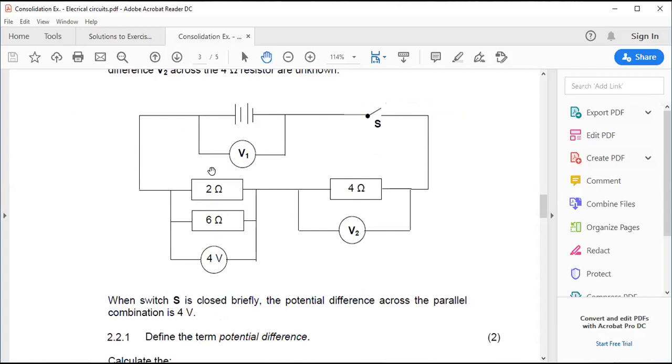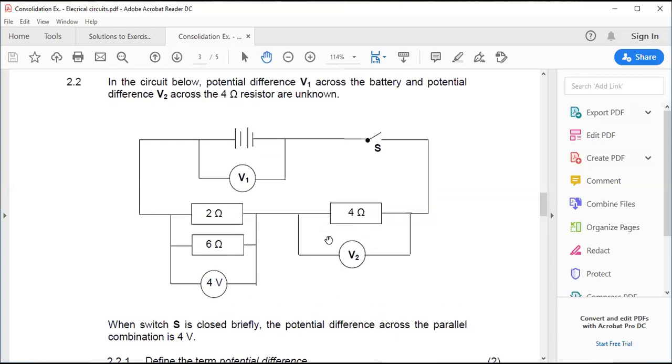Remember, resistors that are in parallel get the same potential difference. They are current dividers. Then you've got your 4 ohm here, and the reading there is V2. That's the voltmeter reading that you have. That's the only information that we have.